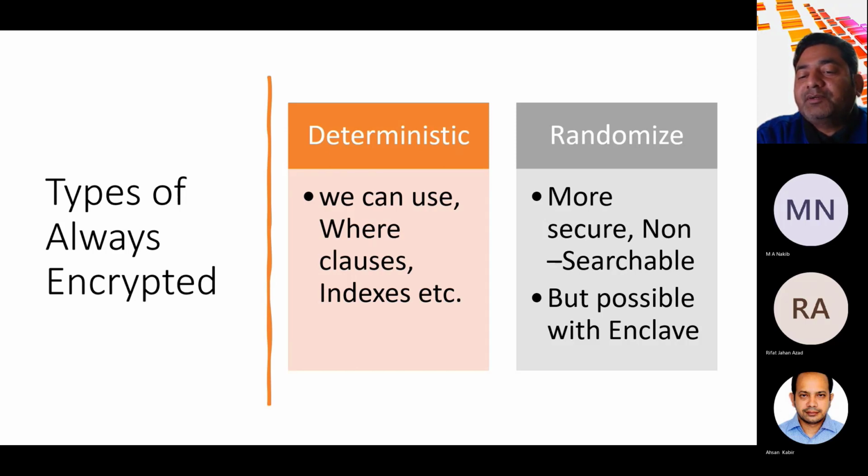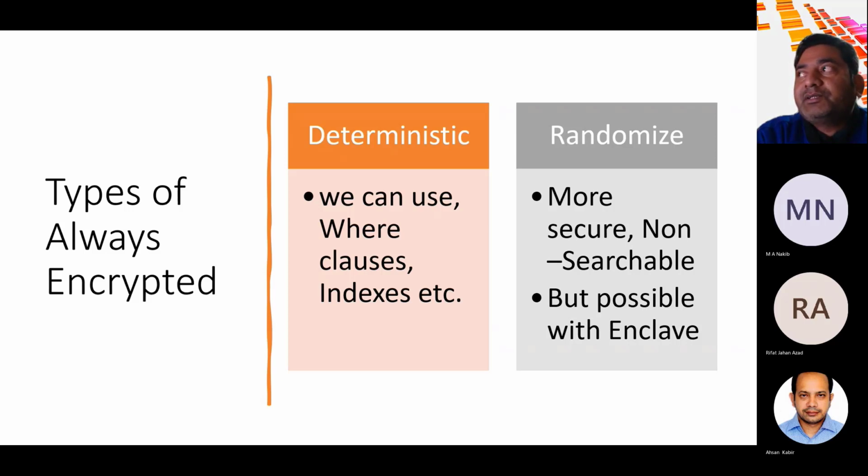If we have a low number of options, let's say 4 or 5 values, and every time it encrypts to the same value, people can guess what it is. At that time, people can find out what the data is. But at the same time, when we use deterministic, we can use where clauses, indexes, etc. on that column.